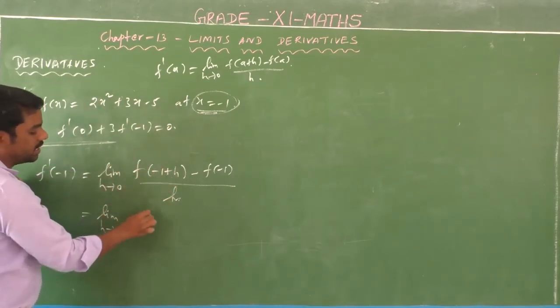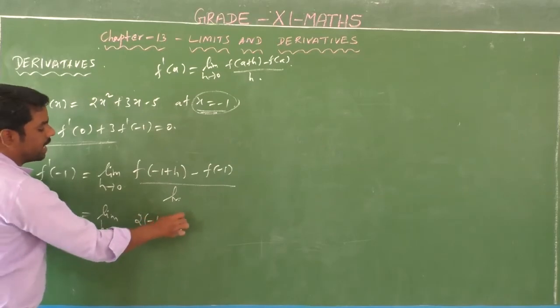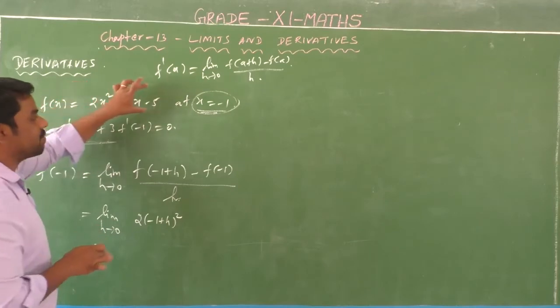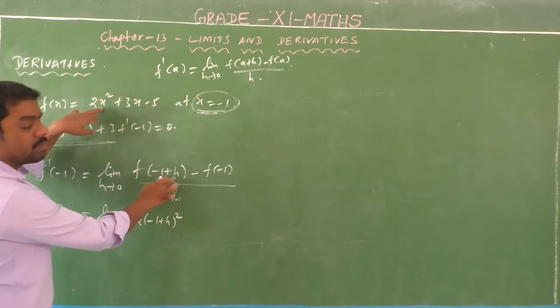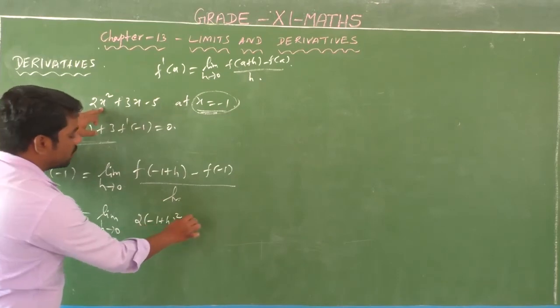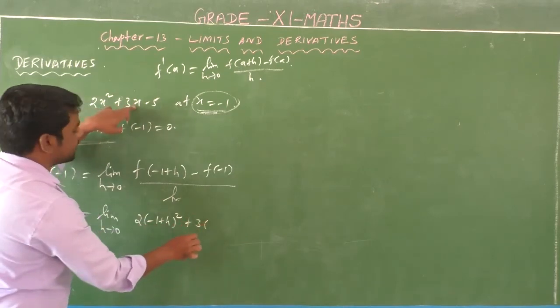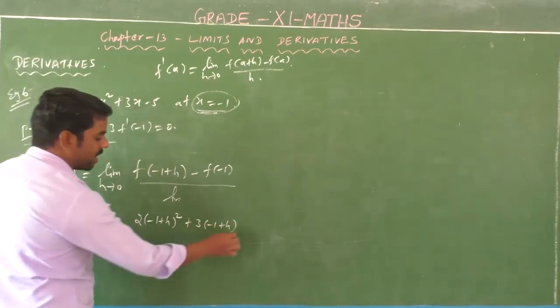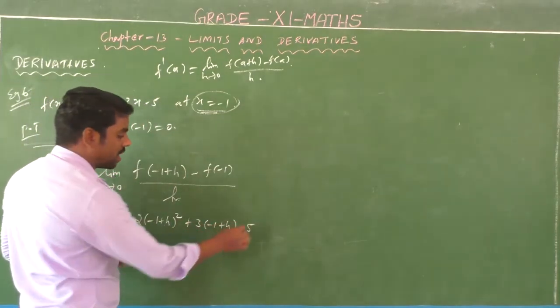So 2 into (minus 1 plus h) the whole squared plus 3 into x, where x is equal to minus 1 plus h, minus 5.